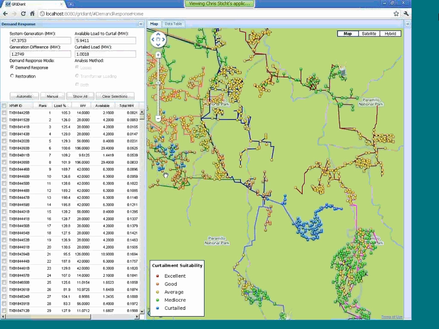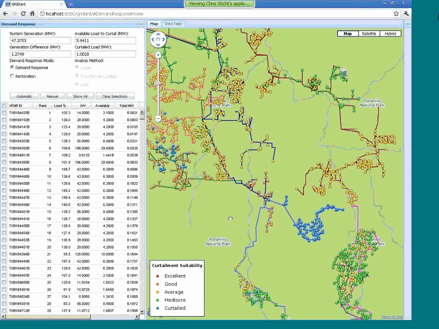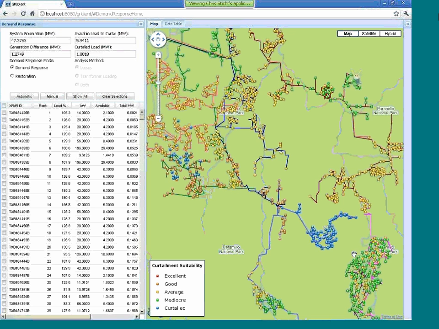So here we've curtailed a megawatt of load, and you'll see we're not curtailing on just one feeder, because there are several customers, these blue dots, on both the orange and the green feeder that have higher loss contributions than these orange ones on the blue feeder where all the red was. But all the red got curtailed, of course.